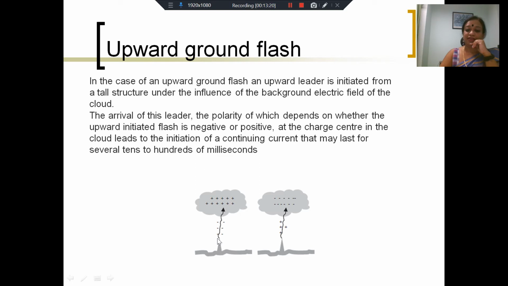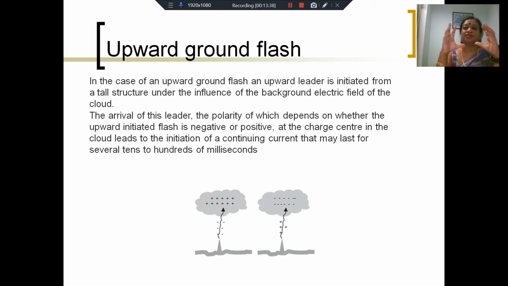This flash will go upwards and neutralize the charge center in the cloud, and this will lead to the initiation of a continuous current flowing from cloud to ground, which will last for several tens to hundreds of milliseconds.